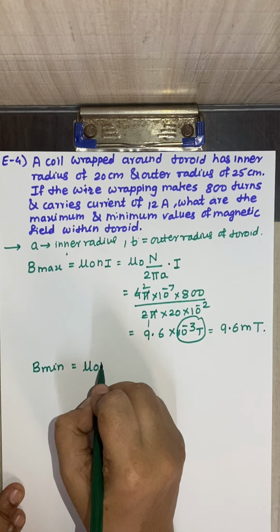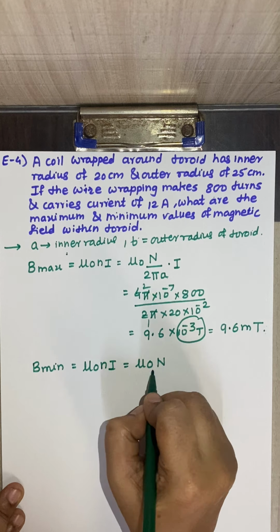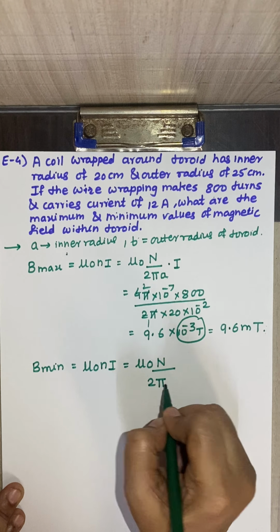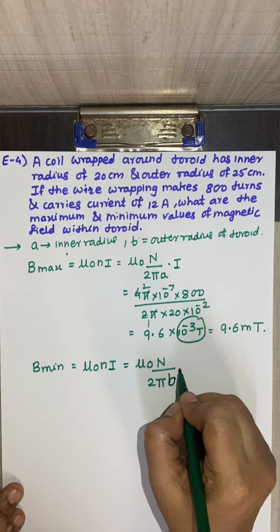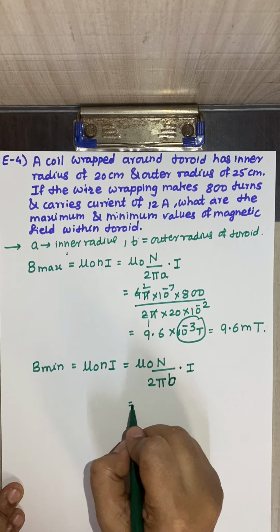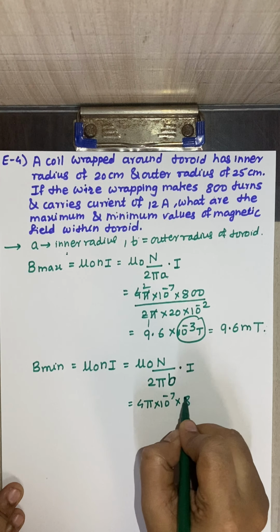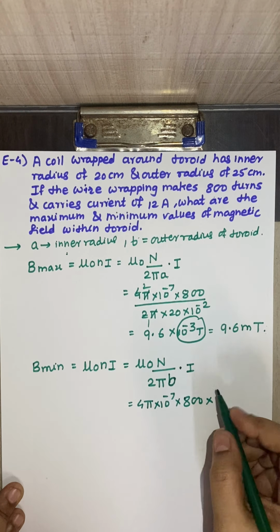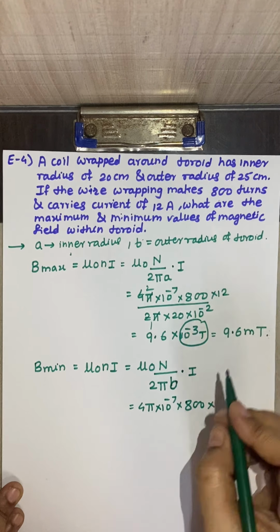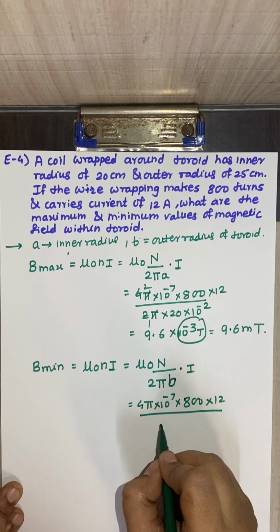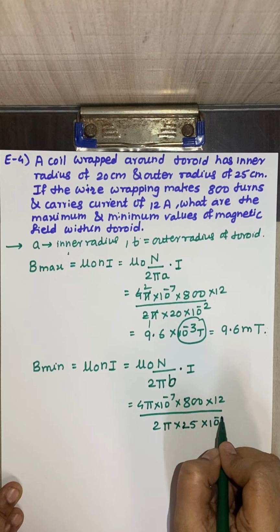So the value is mu naught N I once again, but the formula now changes to mu naught into capital N divided by the length of that outer loop, which is nothing but the circumference of the circle given by 2 pi b, into I. So once again it is 4 pi into 10 raised to minus 7 into the number of turns 800 into the current flowing through, 12 ampere, divided by 2 pi into 25 into 10 raised to minus 2.